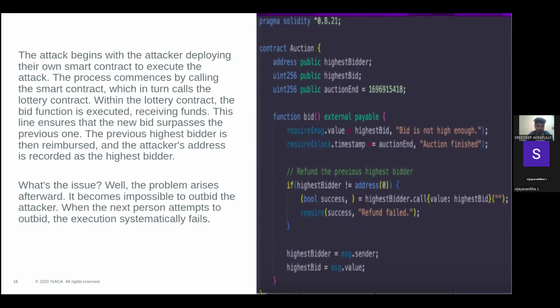If the block exceeds the given limit, then that contract becomes useless. The attacker remains the last recorded address, so he's the highest bidder and can withdraw the money.